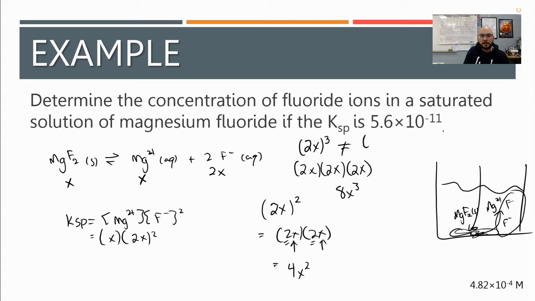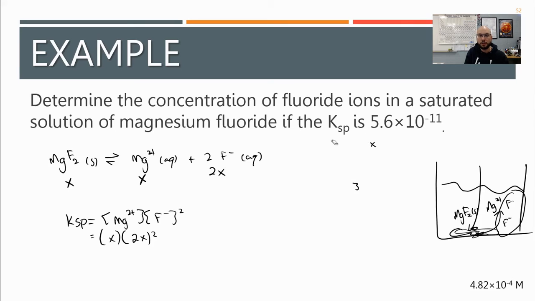The number of times I see this become 6X3, or for some reason even 6X2, or other combinations, this is wrong. Just be careful when you're squaring things. There's lots of complex examples in your practice questions, so make sure you're doing all of those. So this becomes 2X squared times X, which is going to become 4X cubed.